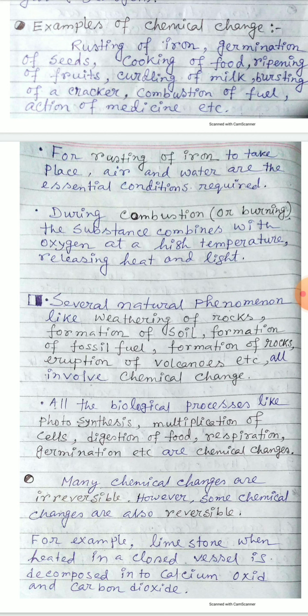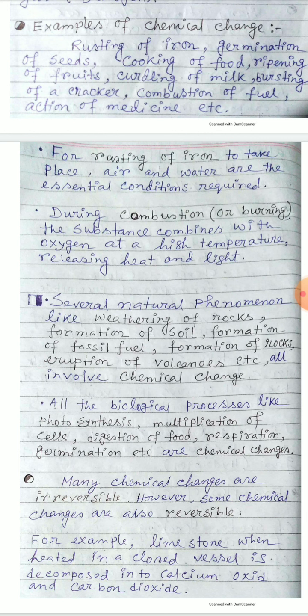For rusting of iron to take place, air and water are essential conditions. Rusting of iron is the process of formation of rust on an iron object, and rust is a brownish red coating. When an iron object is kept in open air for a few days, you will see the formation of a brownish red coating or layer on it.